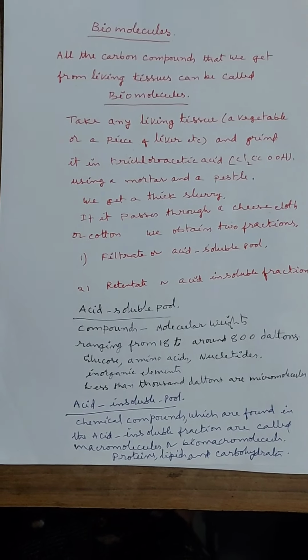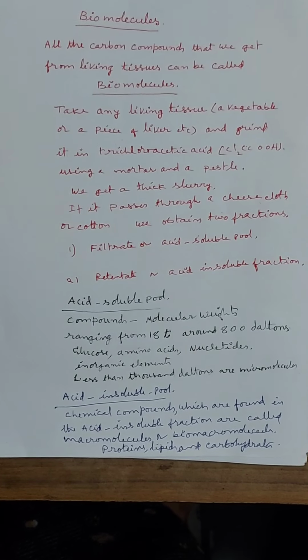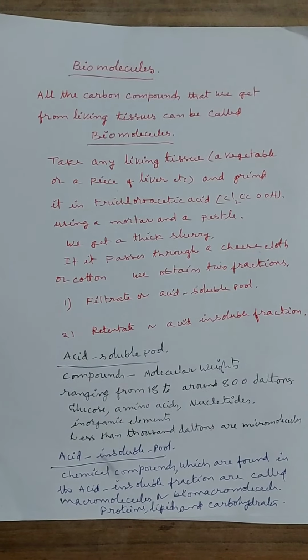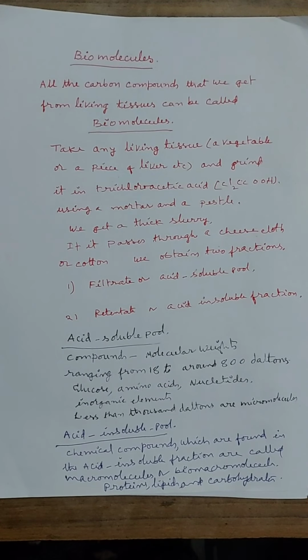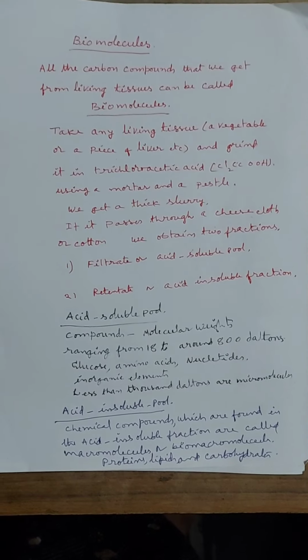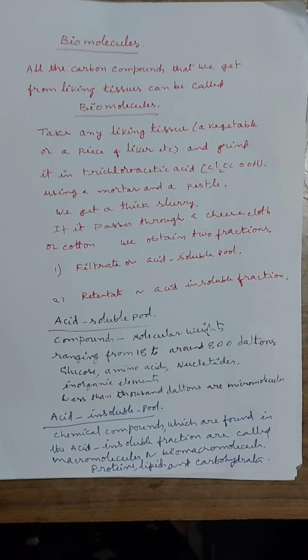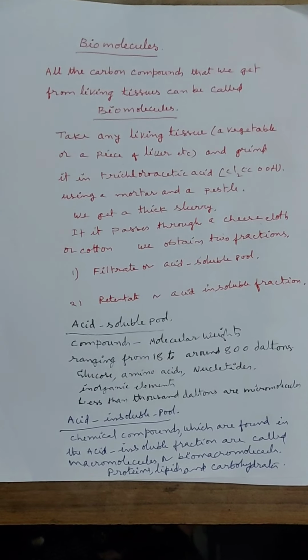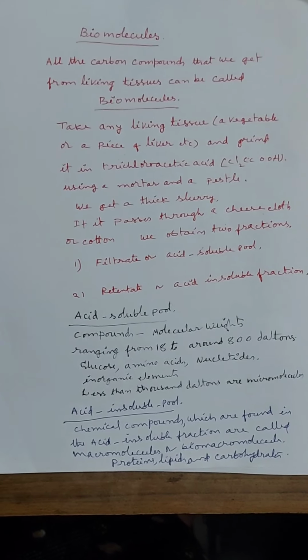Thereby we get a thick slurry. If that slurry is passed through a cheesecloth or cotton, we obtain two fractions: one, the filtrate or acid soluble pool; two, the retentate or acid insoluble fraction.